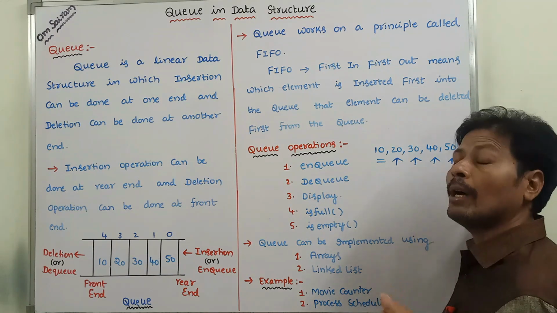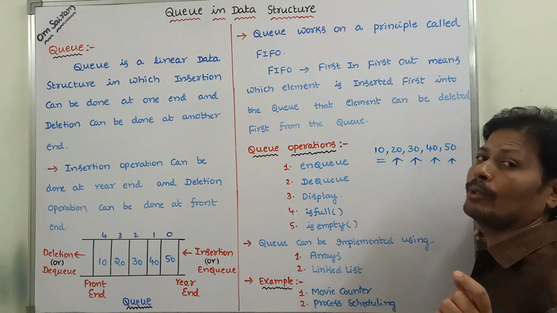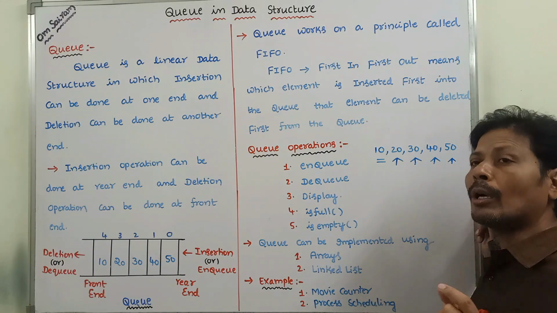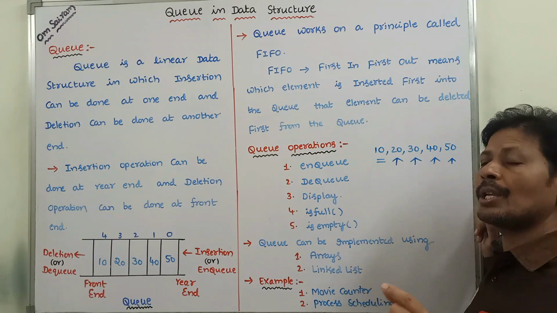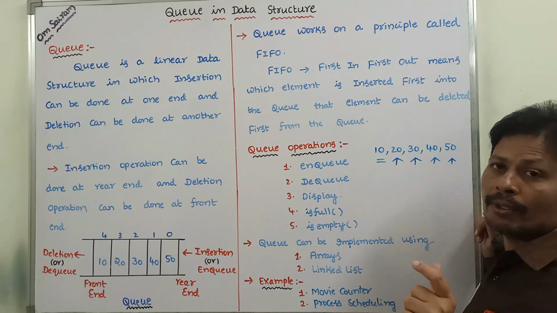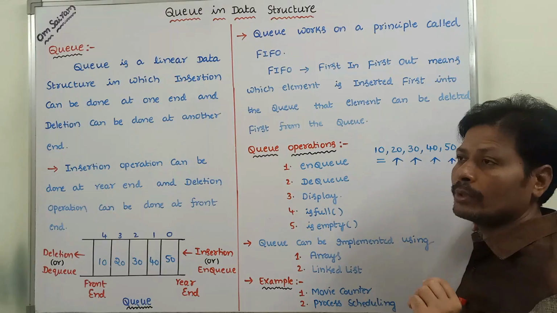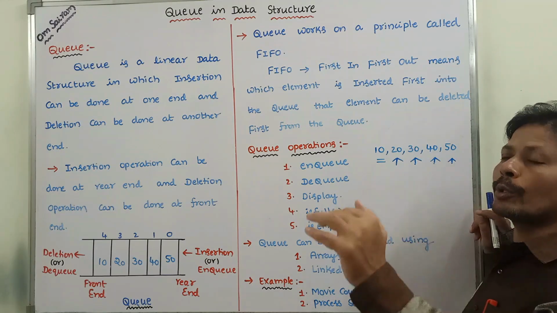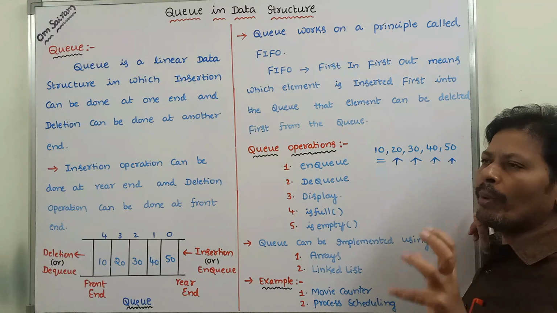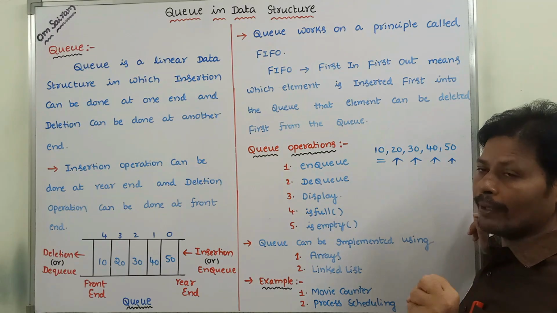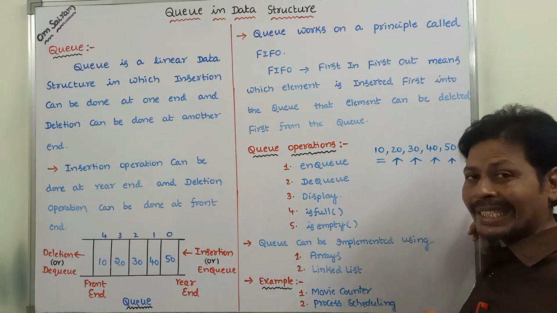Next, third one is a reservation counter. Suppose we want to take a reservation, either a bus reservation or a railway reservation. When we go to the bus station or railway station, so many persons are waiting for taking the reservation.